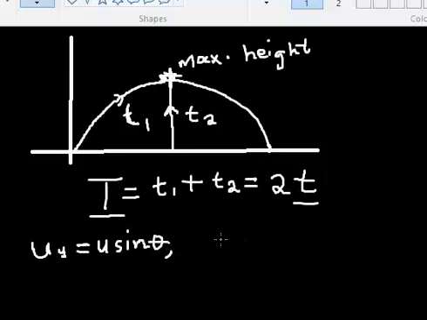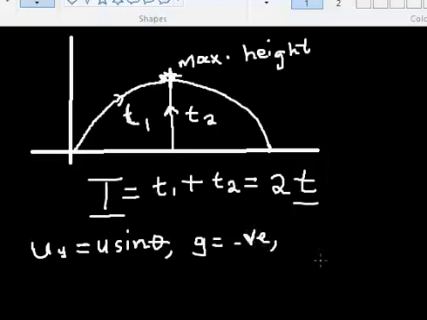We will still need g in this formula because the motion is under gravity, and g is going to be negative.